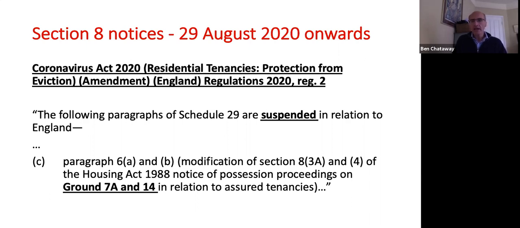Again, unfortunately, I don't think the argument is going to run far, because although the mechanism chosen is suspension, the effect is to take what was a 3-month notice period under the Act and basically remove it to a no notice period.